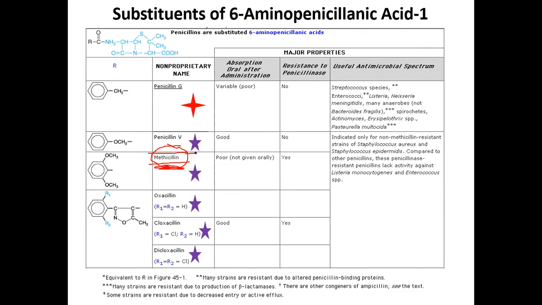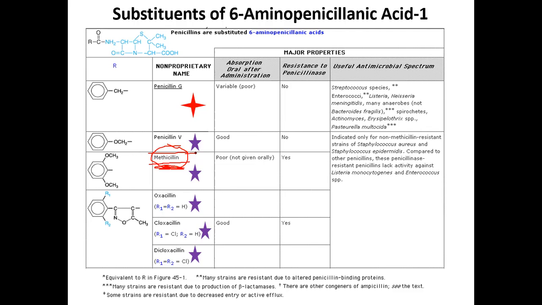Now, the reason why they're difficult to treat is not only that many antibiotics, the beta-lactam antibiotics, are not going to work, but also they do have other resistance mechanisms that have developed, so that many other antibiotics also fail to work against them. So methicillin resistance is not only dangerous because the beta-lactam antibiotics won't work, but many antibiotics are not going to be able to work against the organisms.